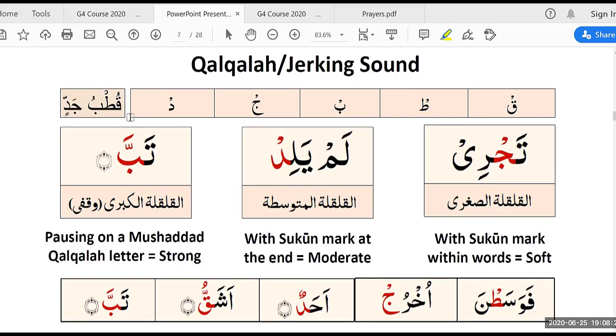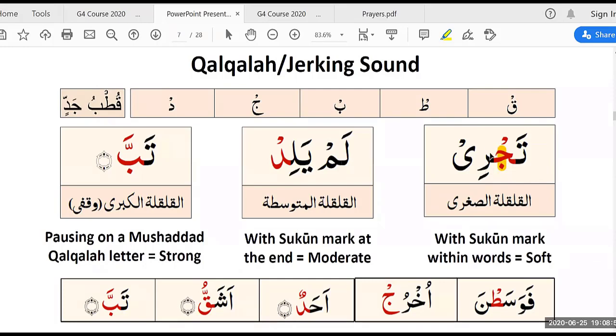An easy way to remember these 5 letters is to remember these 2 words, Qutbu, Jaddin. If you remember these 2 words, you can easily recall these 5 letters, and then you can apply the rule.